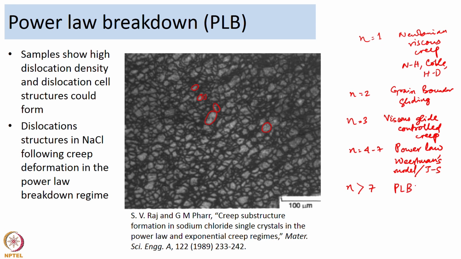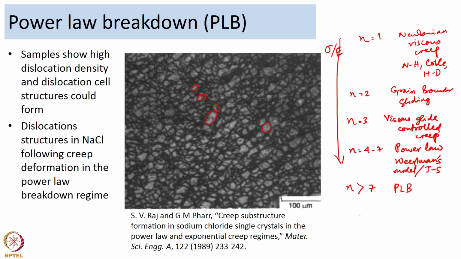And what is interesting is that one can go from the n is equal to 1 regime to n greater than 7 by increasing stress. If you increase the stress, or another way of saying it, if you increase the sigma by E value, which is the normalized stress, the higher the normalized stress value, the greater is the probability that the material will creep either in the n is equal to 4 to 7 regime or the n greater than 7 regime.